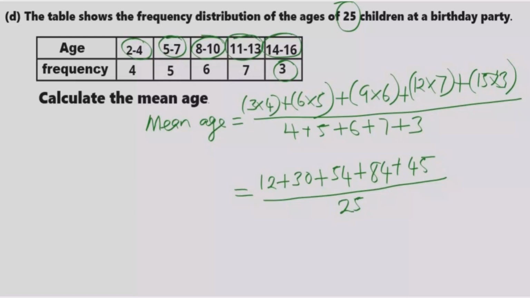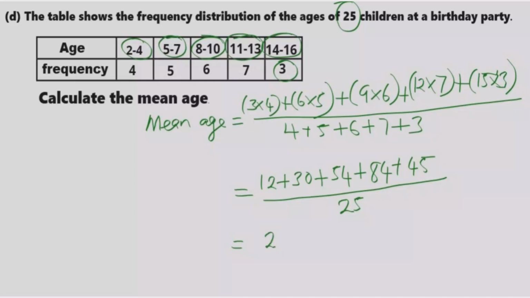So what do we do now? We add these numbers on top. We say equal to, then 12 plus 30, that is 42, 42 plus 54 is 96, 96 plus 84 will give us 180, plus 45 will give us 225.